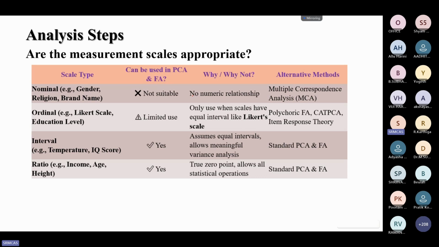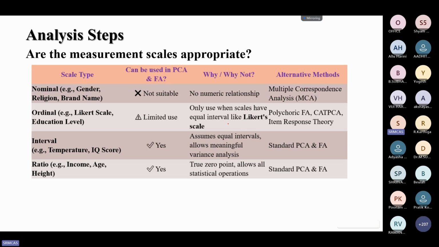Okay, ordinal data can be used in certain contexts. For ordinal data, the values are ordered, but the interval between two values may be different. But if the interval between the values is equal, then we can use this ordinal variable for the analysis, for example Likert scales.